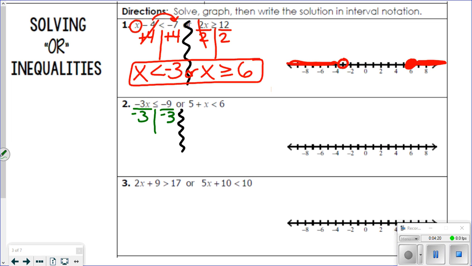Divide by -3. And your brain should be going ding, ding, ding. Alert, your light bulb should be flashing because we divided by a negative number, which means we need to switch our symbol, our sign. So put our inequality sign the other direction. -9 divided by -3 gives us a +3.